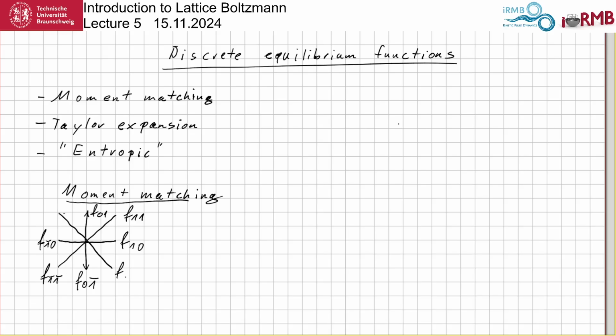Did we get all of them? Say f1,-1, f-1,1, right? So if we want to compute moments here, we will have 2 indices, M, and we take the sum over i and j of f_ij.